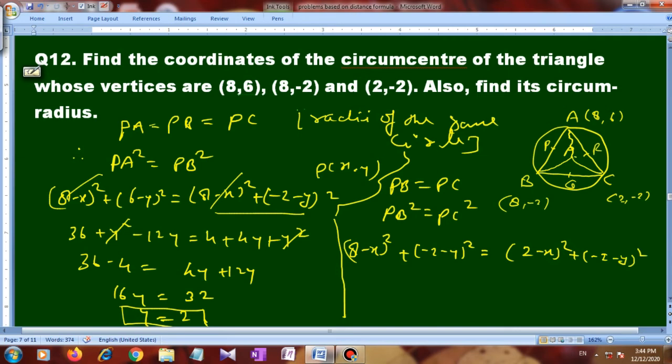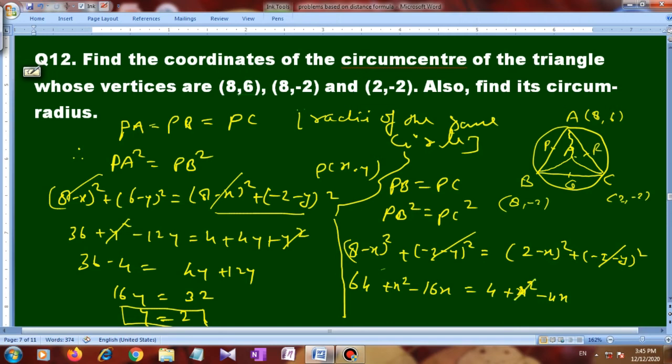Clear? So this term on both sides is the same, so it cancels. So here (8 minus x) square means 64 plus x square minus 16x, and this will become 4 plus x square minus 4x. Clear?